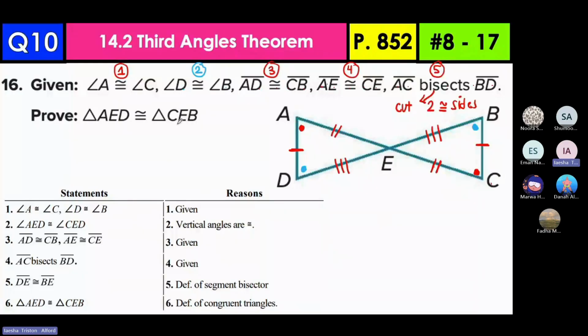We want to prove that triangle AED is congruent to triangle CEB. This question is talking about congruent triangles, so we need 3 sides and we need 3 angles. Do we have 3 sides?